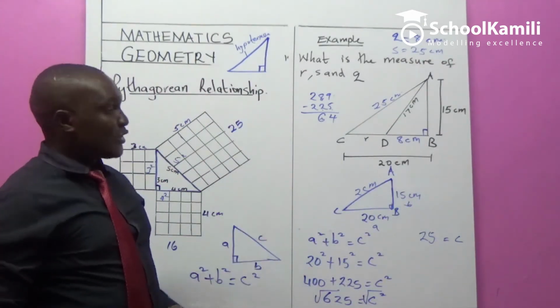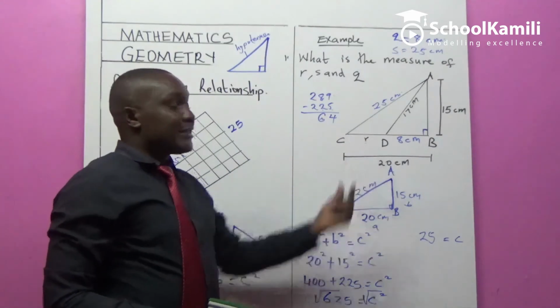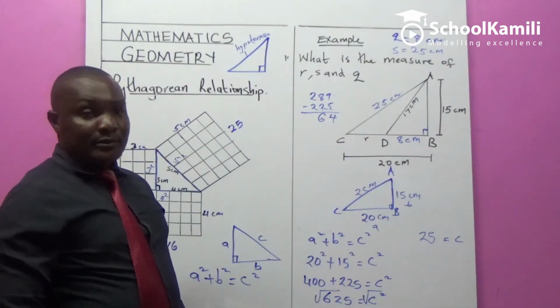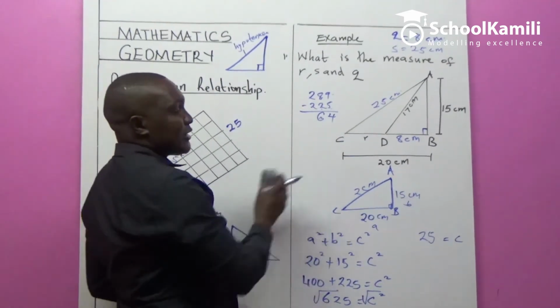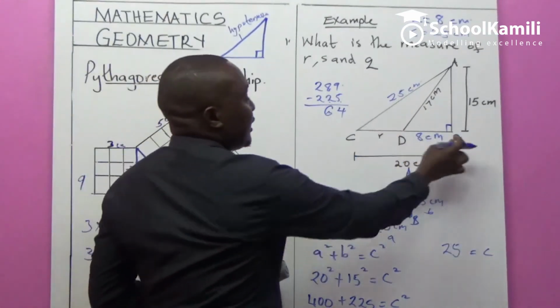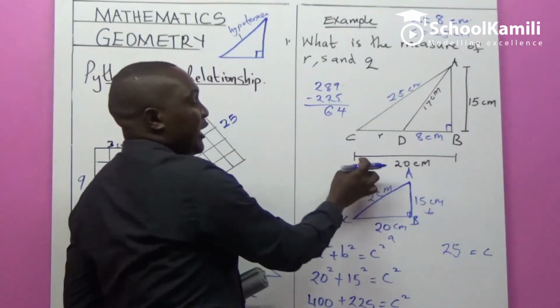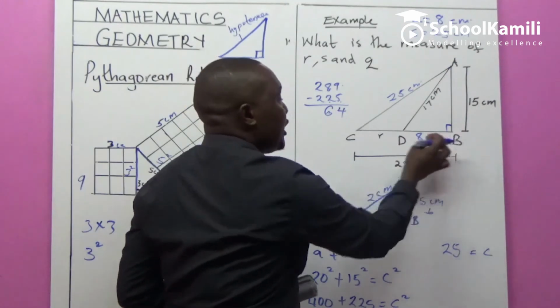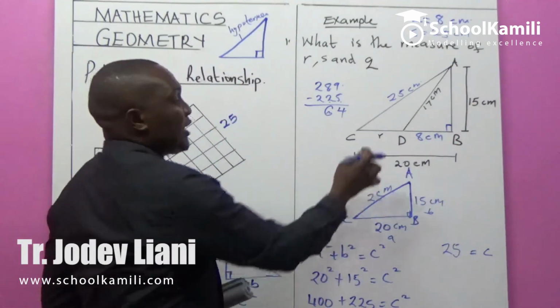From there, I know you can get R. How do you get R, pupils? From B to C, it's 20. And from B to D, it's 8. So what is remaining?